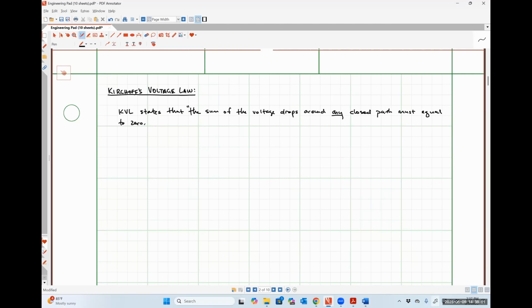So a couple of things that I want us to take away from this. What I mean by a closed path with regards to Kirchhoff's voltage law is that if we start our KVL equation at one node and we end our KVL equation at that same node, we have formed a closed path. And I'll illustrate that here in a moment with an example.